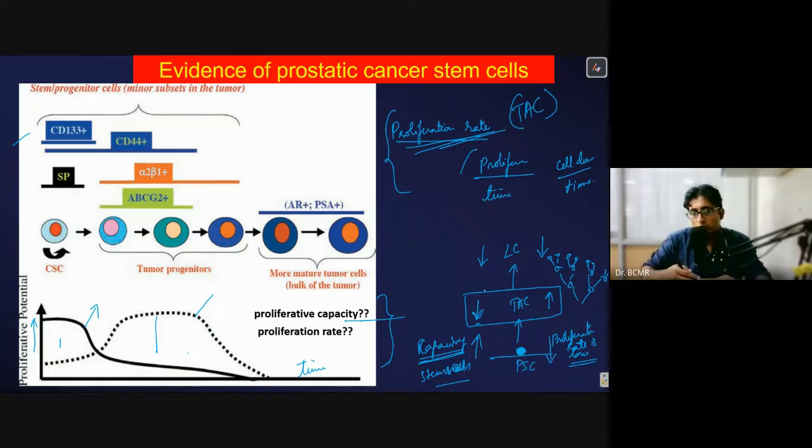Maybe they will go 3 rounds or so. And as they divide, the proliferation capacity has come to zero and their proliferation rate also comes to zero. This is what happens to completely differentiated cells. This is a good way to understand the general organization of tissue as well.